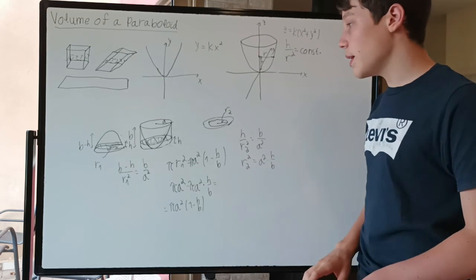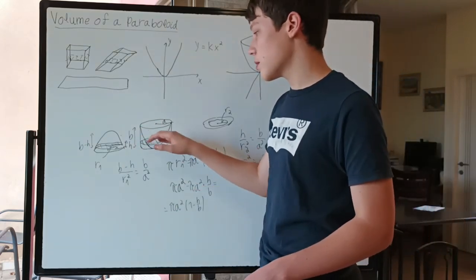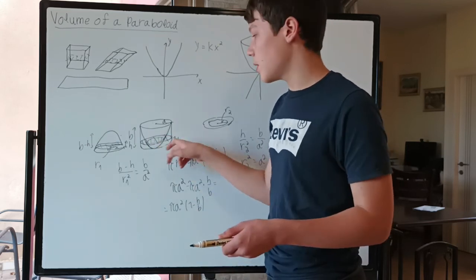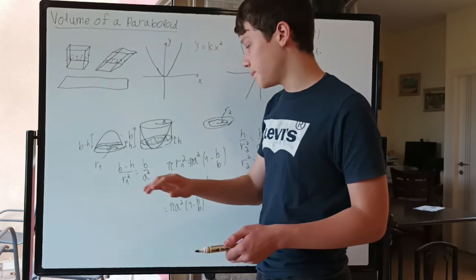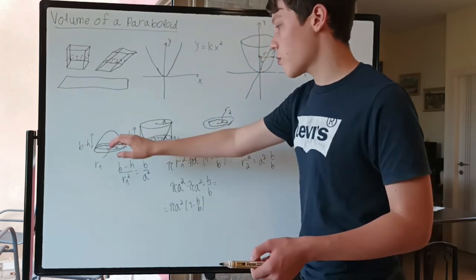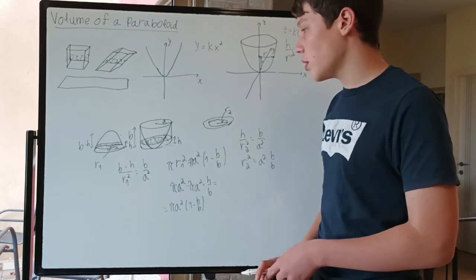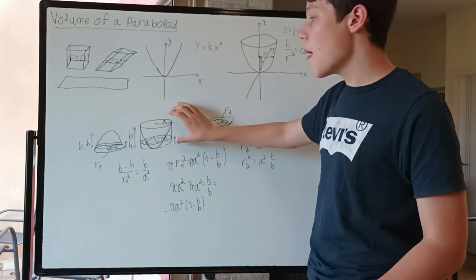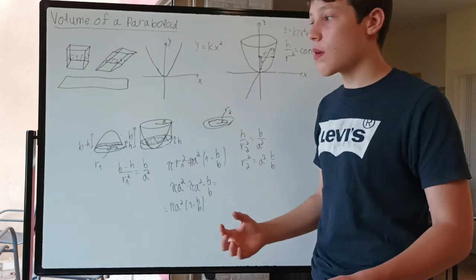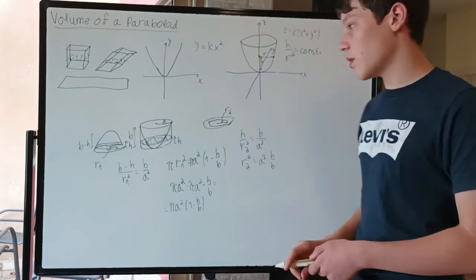Meaning that if we take any plane that is parallel to the xy plane of the paraboloid, and we look at the cross sections, these have the same area, meaning that the volume of this paraboloid is the same as the volume of the entire cylinder minus the volume of the same paraboloid, right? This is the paraboloid just upside down, they obviously have the same volume.